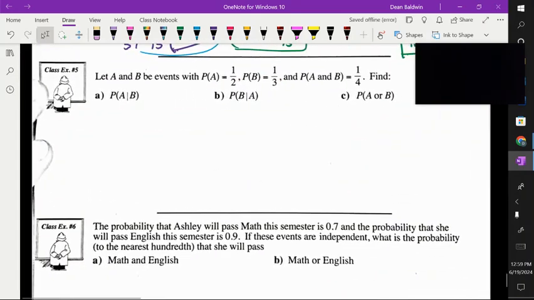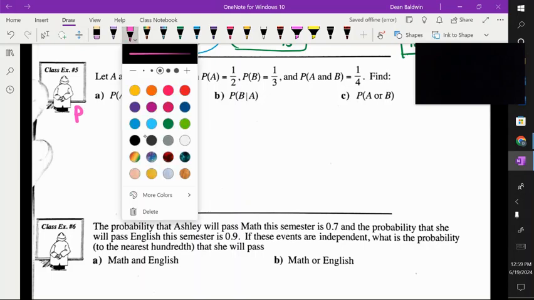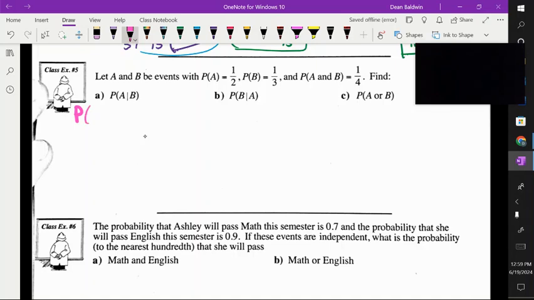So we're going to go: probability of B and A happening equals probability of B times probability of A given B.